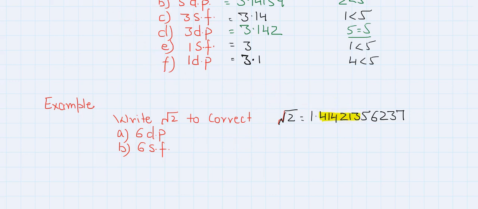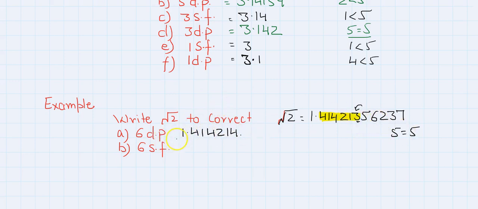And after this, we have 5. 5 is equal to 5, so it means we have to increase this 3 by 1. So the answer will be 1.414214, with 4 instead of 3. That is the difference here.